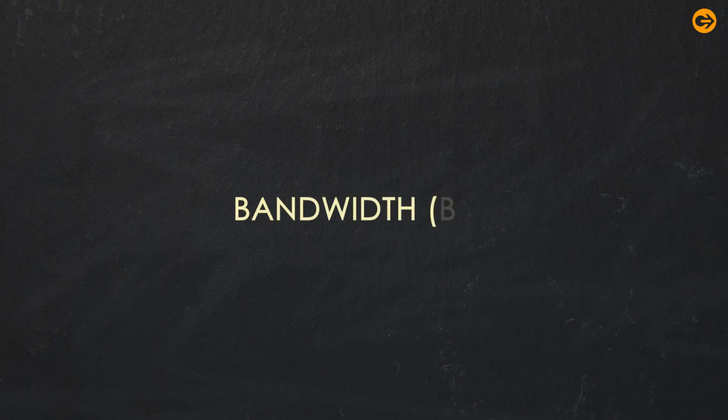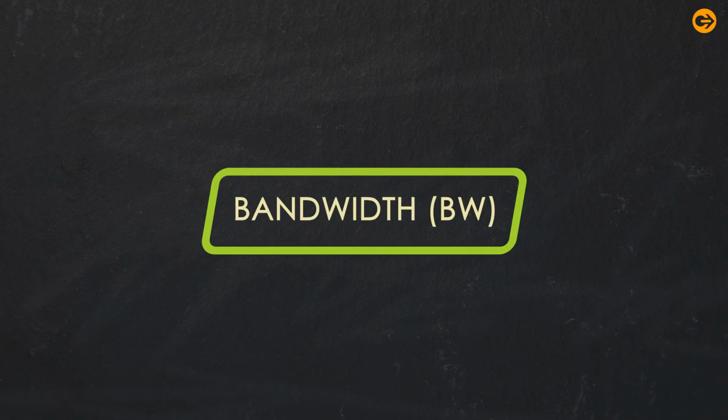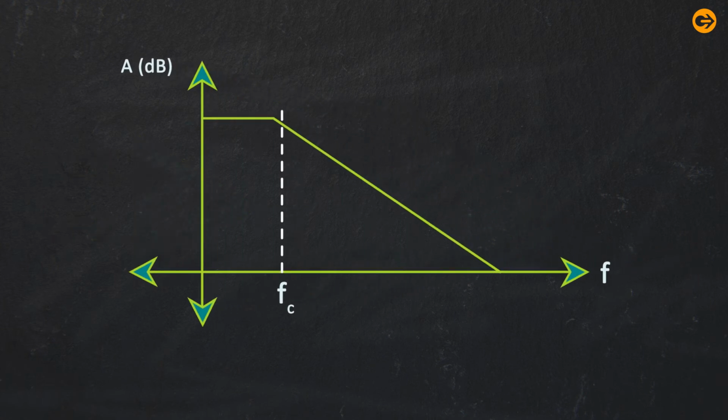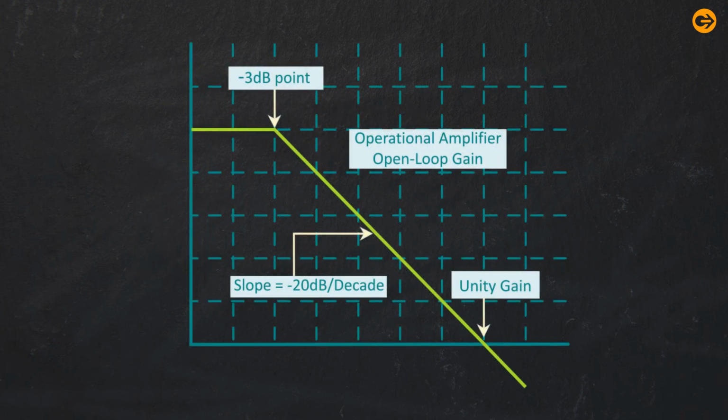Bandwidth. An ideal op-amp is able to amplify any frequency signal from DC to the highest AC frequencies. So it can be assumed that it has an infinite frequency response. Consequently, the bandwidth of an ideal op-amp should be infinite. In practical circuits, the bandwidth of an op-amp is limited by the gain bandwidth product.